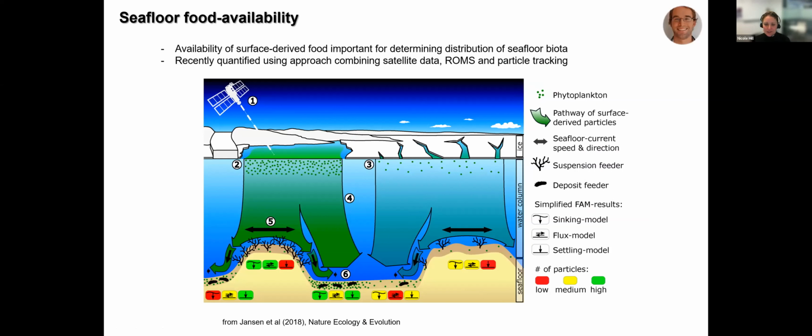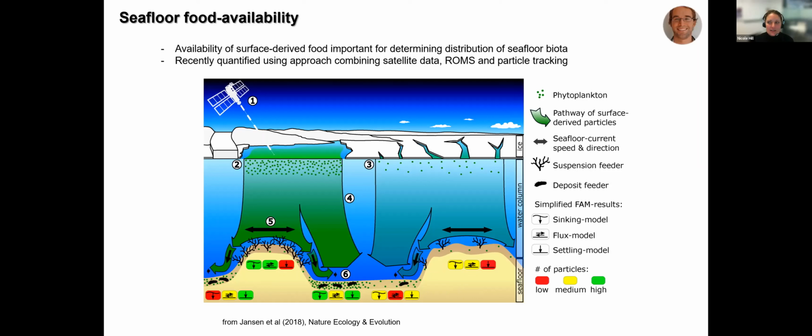Depth is one that's commonly used, and it works really well, but depth is probably not the direct driver of a species distribution. It's probably other things like attenuation of food, pressure, light, that kind of thing. So one of the key things that we were missing until very recently is the distribution of food available to seafloor fauna. Obviously, this is going to be something that's important in directly determining where they are.